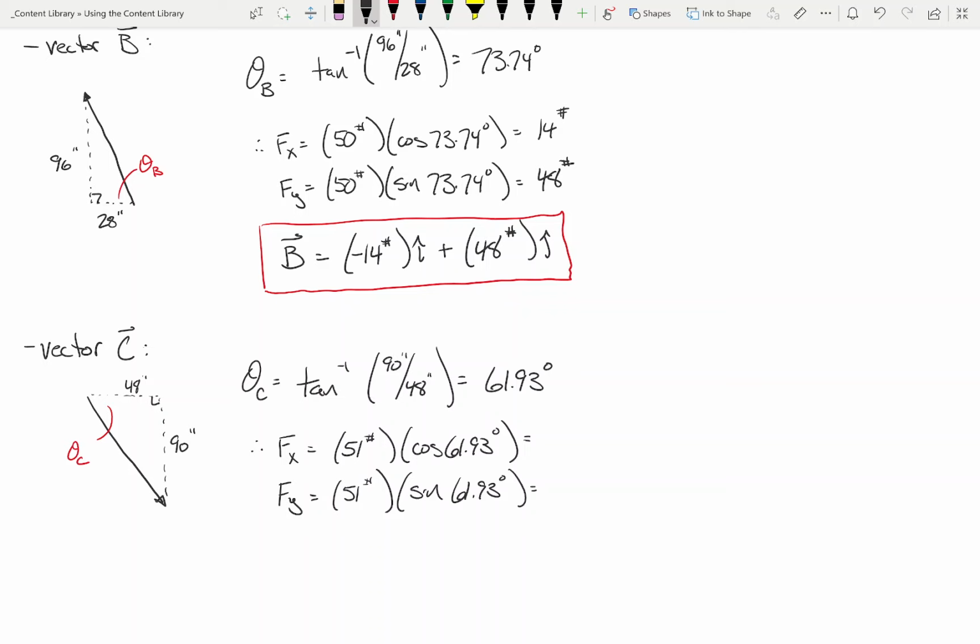Okay, and so what do we get for x and y? 24 and 45. Do I have a second? Yep.